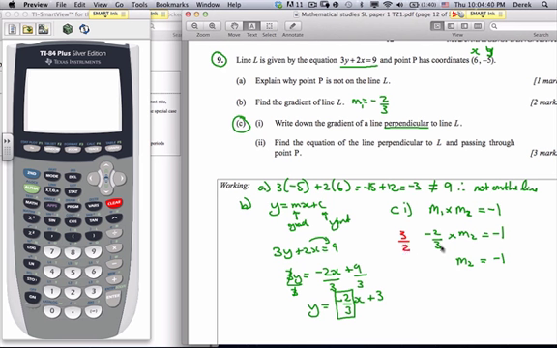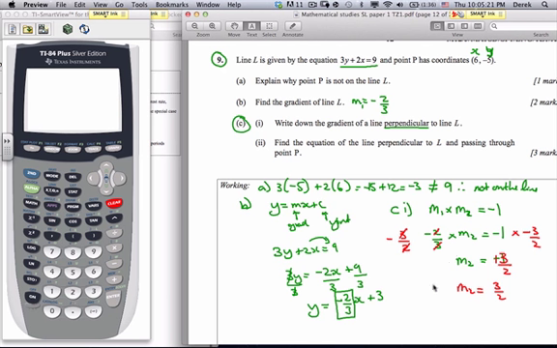The 3 will cancel with that 3, the minus 2 will cancel with that 2, and the minus is positive, but I must multiply by the same amount on the other side, minus 3 over 2. Minus times a minus is positive, so m2, the other one, will be positive 3 over 2.